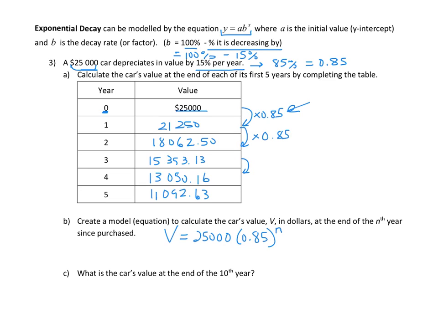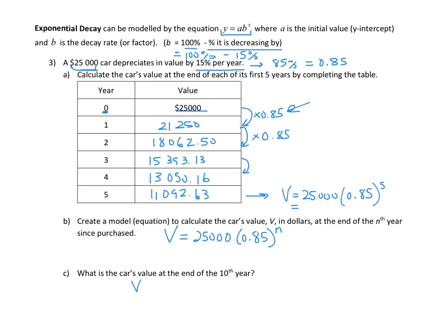If I wanted the 5th year's value, we could go directly to that without having to times each one by 0.85, and put a 5 here. I'm going to double check that, 0.85 to the exponent 5 times 25,000. Yeah, I get the exact same value as what I have written in the chart.